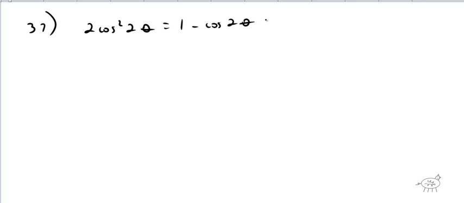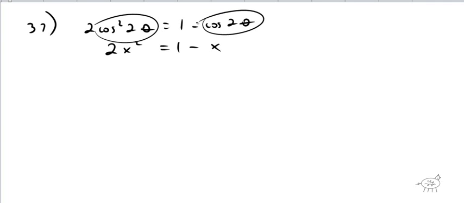What you need to recognize is this is like saying 2x squared equals 1 minus x. It's 2 of this term equals 1 minus that term. So that's why it's just a factoring problem. What I'm going to do is add cosine of 2 theta and subtract 1.